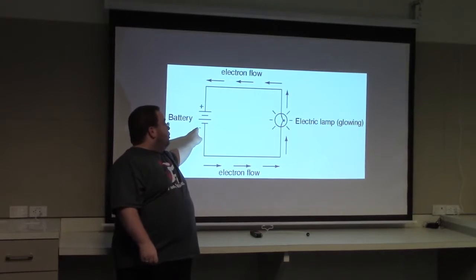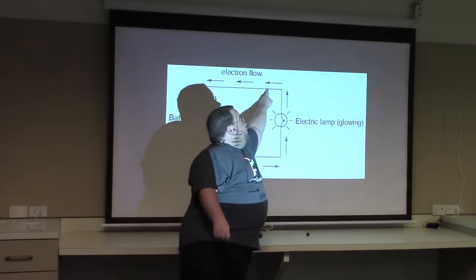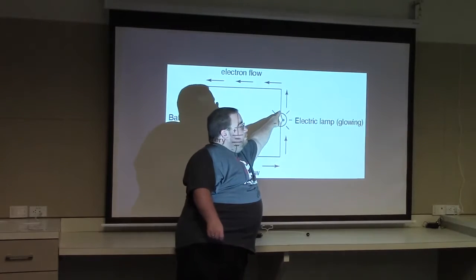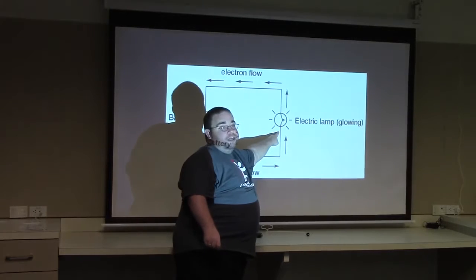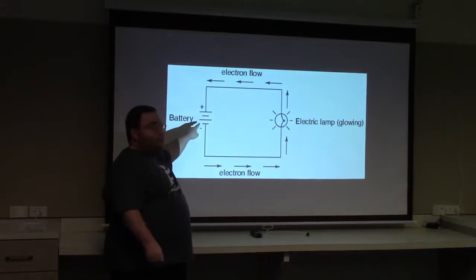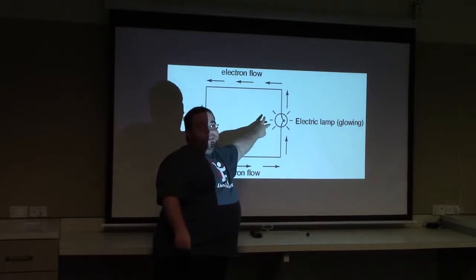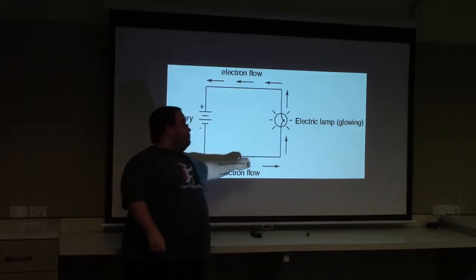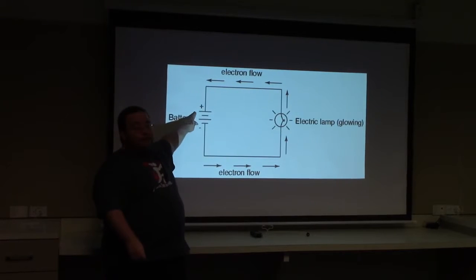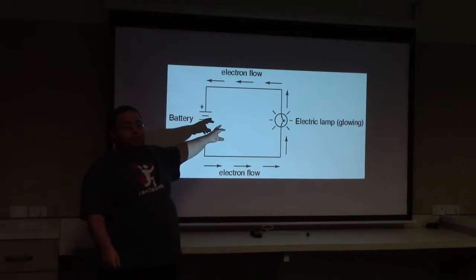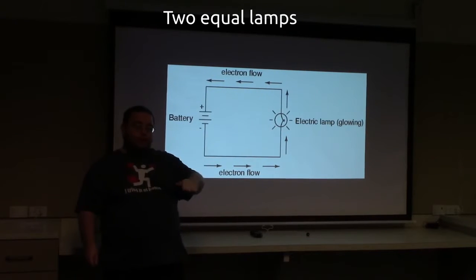All that means is that here we go from 0 to 5. So we're 5 here, 5 here, 5 here. Here we go from 5 to 0 again, and then 0 all the way back around. We know that this lamp must have a 5-volt drop because there's a 5-volt rise on the battery. If there were 2 lamps, then each one would have a 2.5-volt drop.